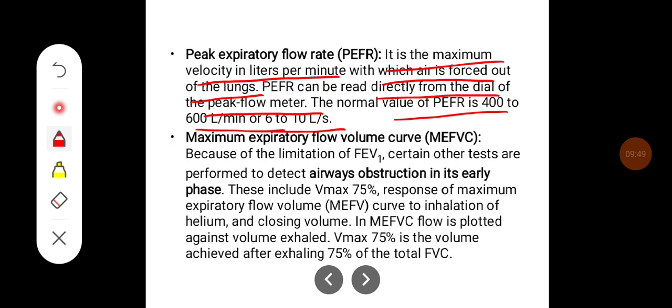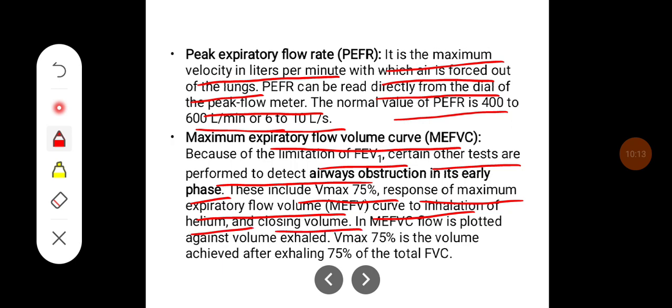Maximum expiratory flow volume curve. Because of the limitation of the FEV1, certain other tests are performed to detect airway obstruction in its early phase. This includes Vmax 75, response of maximum expiratory flow rate volume curve to inhalation of helium, and closing volume.